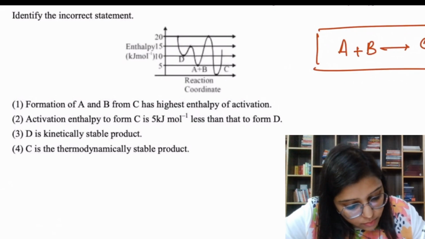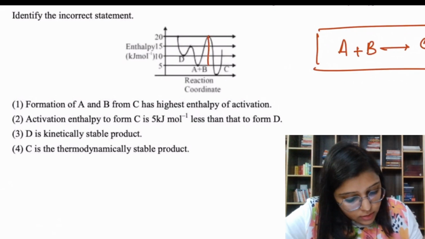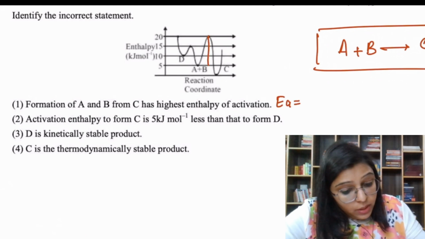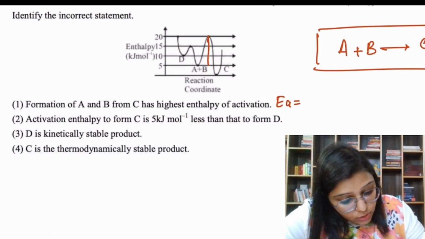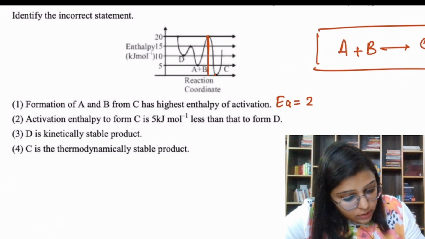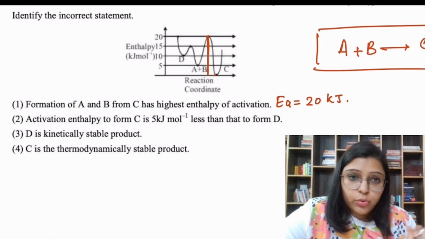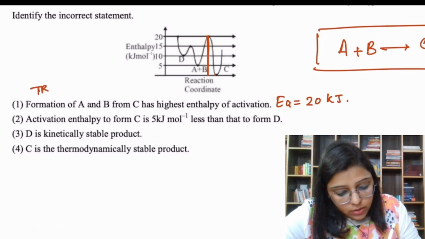So A and B from C, the activation energy is this. From C to this, yes, that is 20 kilojoule. So that is going to be the highest. This is the true statement.